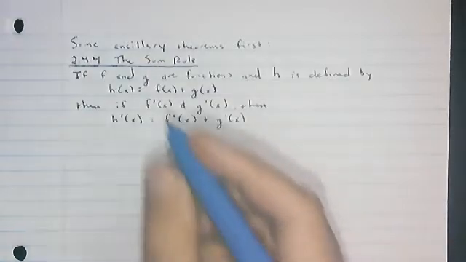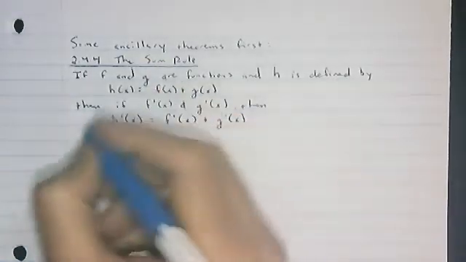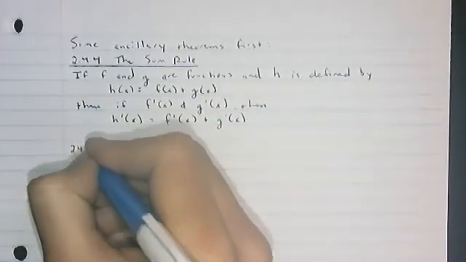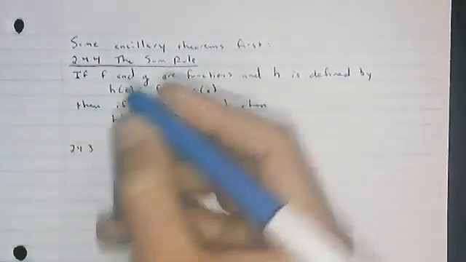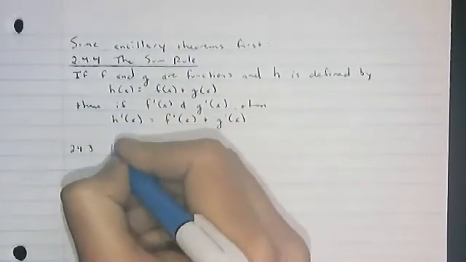And then ancillary theorem number 2, I don't know, we're going backwards here, but this is 2.4.3, the constant multiple rule.